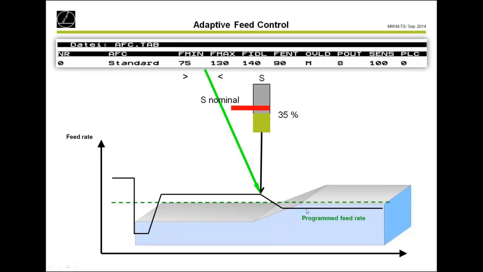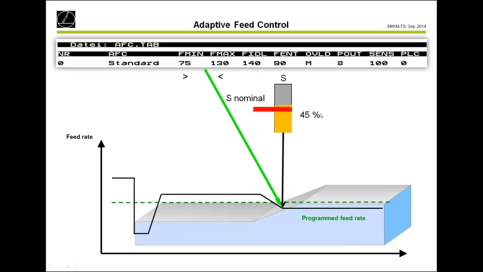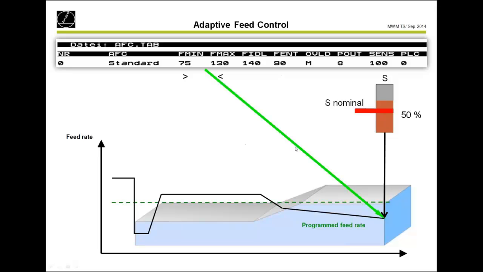On this step now the material goes higher, so what happens? The spindle load goes over the S nominal. So the control will reduce the feed rate, and what happens now? The spindle load goes up and up.